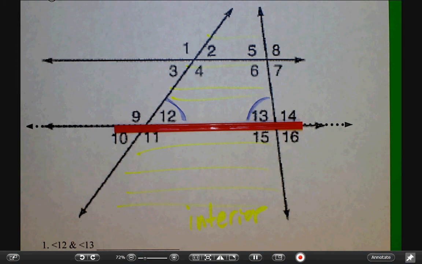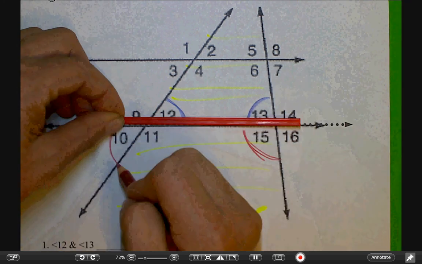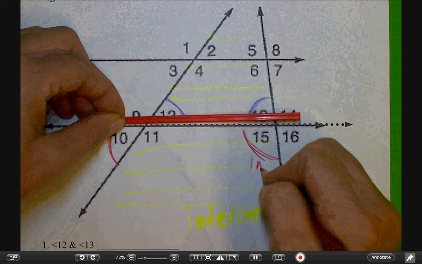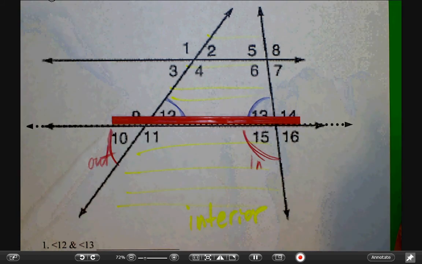That's called corresponding. So we would say that angles 15 and 10, one's in, one's out, same side, those are called corresponding.